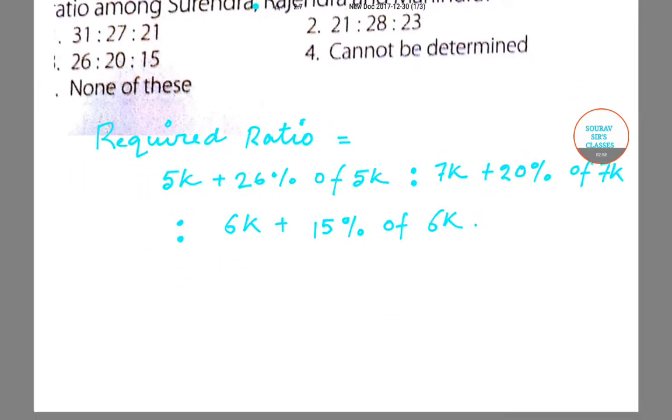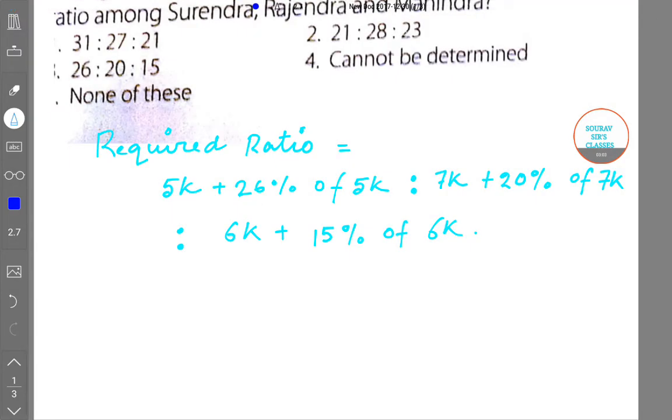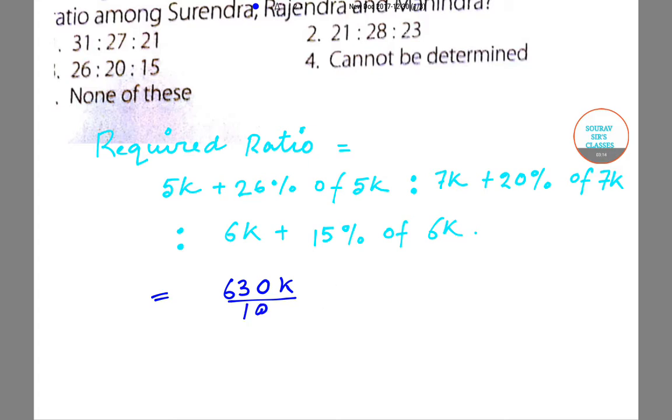Now, solving this, we can write it as 630k divided by 100 is to 840k divided by 100 is to 690k divided by 100.